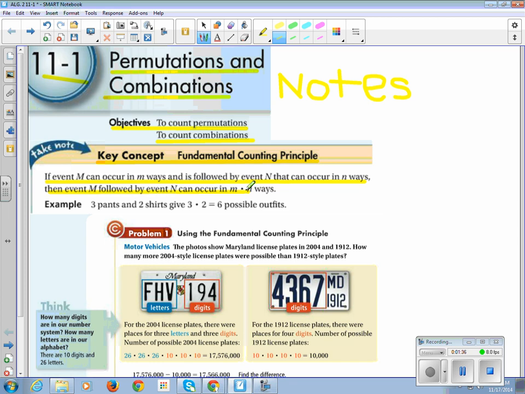And I know that's a really hard way of saying it, which is why they put the example down. So 3 pants and 2 shirts give you 3 times 2 equals 6 possible outfits. So you just multiply the items together to give you the total amount of possibilities.